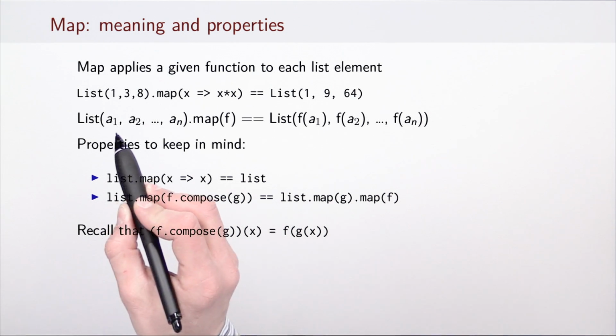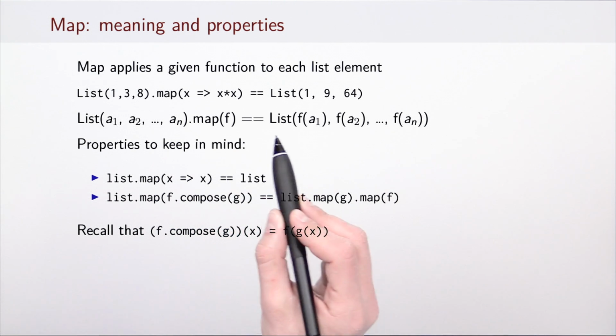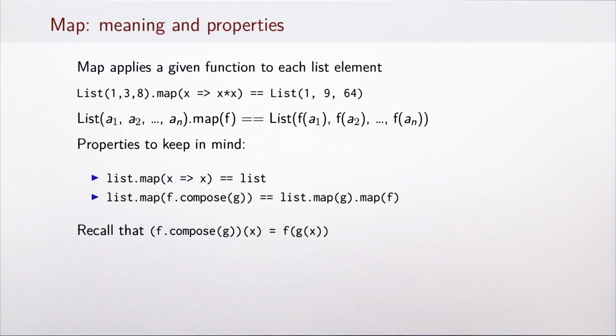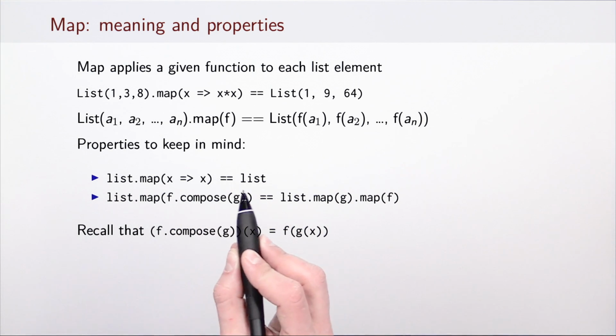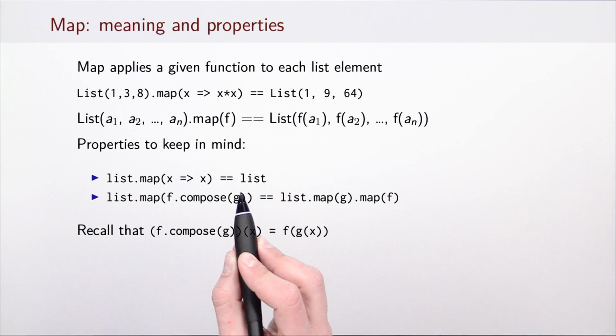If you have a list of elements a1 through an and you apply map with function f, you will get a list of elements f of a1 through f of an. Some of the properties that map satisfies is that if we happen to be mapping with the identity function, we'll get the list that has the same number and the same ordering of elements as the original list.